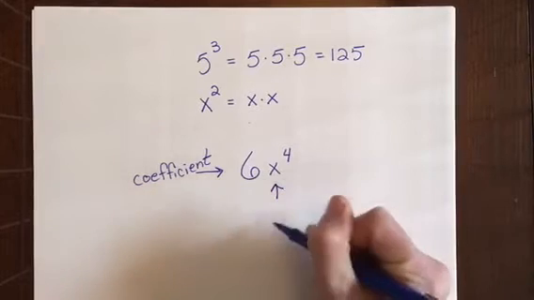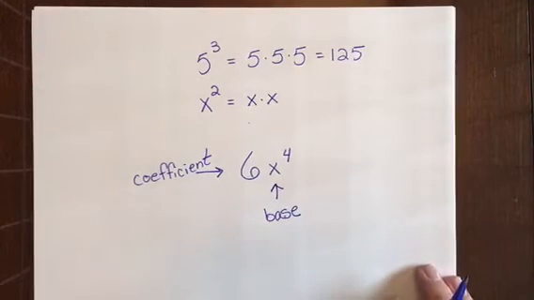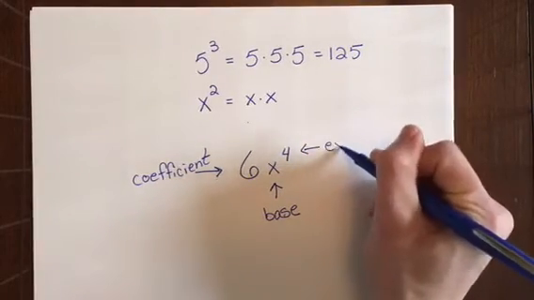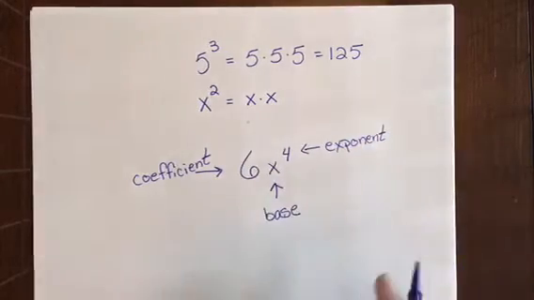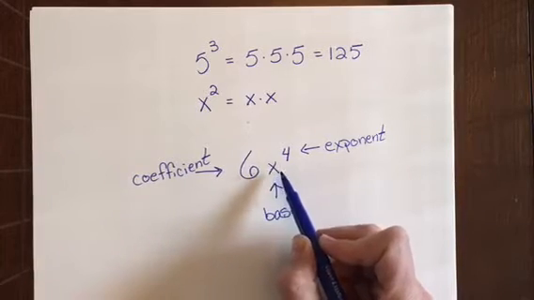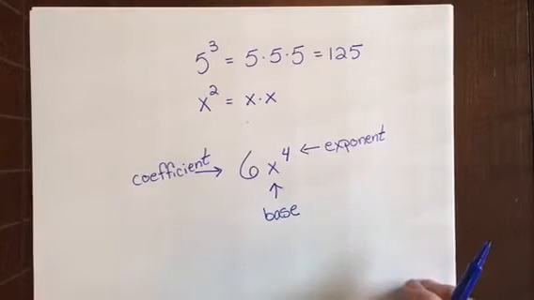X here is the base. It is what we are actually raising to the fourth power. And then 4 is known as our exponent. So what this means is we want 6 x to the fourths. So we're going to find x to the fourth and do it 6 times.